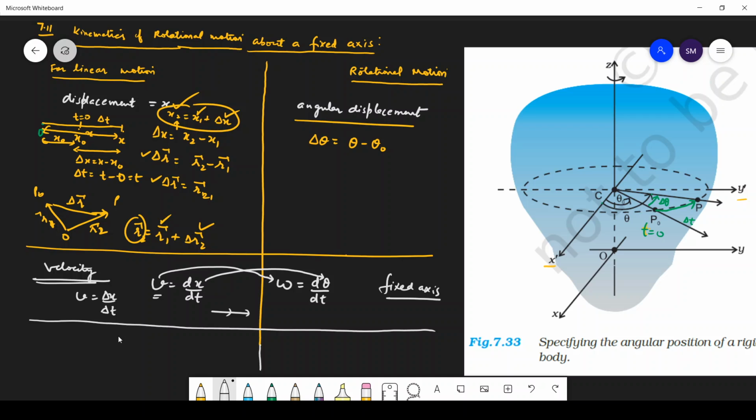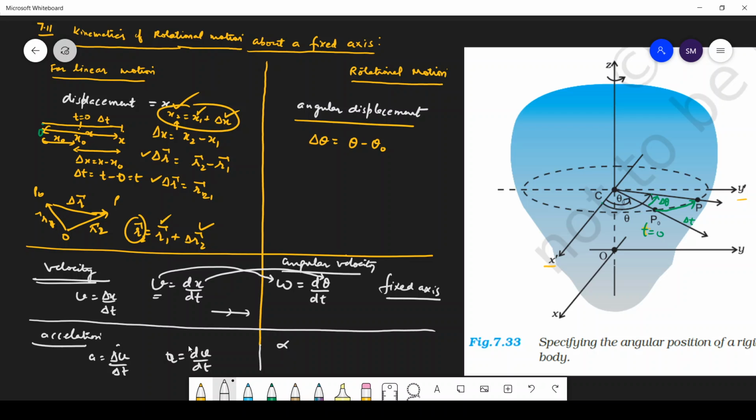And then the next term is acceleration. Here we have velocity, here we have angular velocity, and here we have acceleration: average acceleration is change in velocity upon change in time, and instantaneous acceleration is dv by dt. Same is the case here.